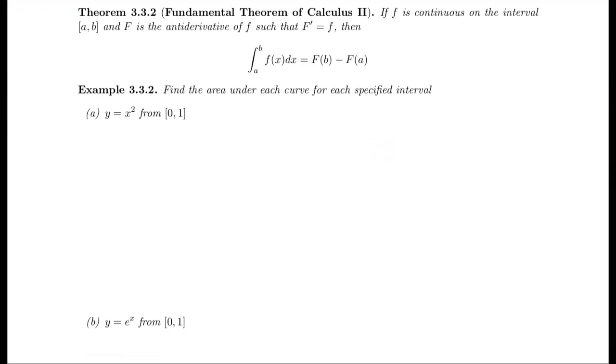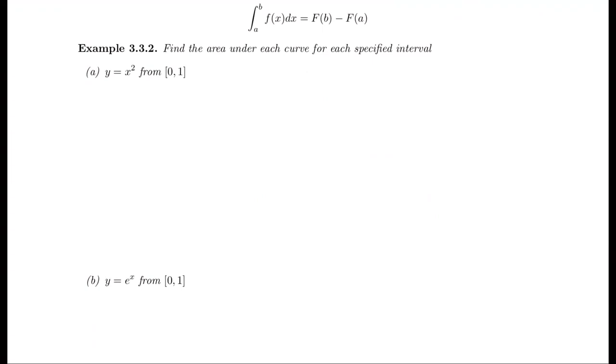So let's have a look at these examples. Say we want to find the area under each of these curves from 0 to 1. So let's find the area. The area from 0 to 1 of x squared dx, remembering that if we have x to the power n, the antiderivative is 1 divided by n plus 1, times x to the n plus 1.